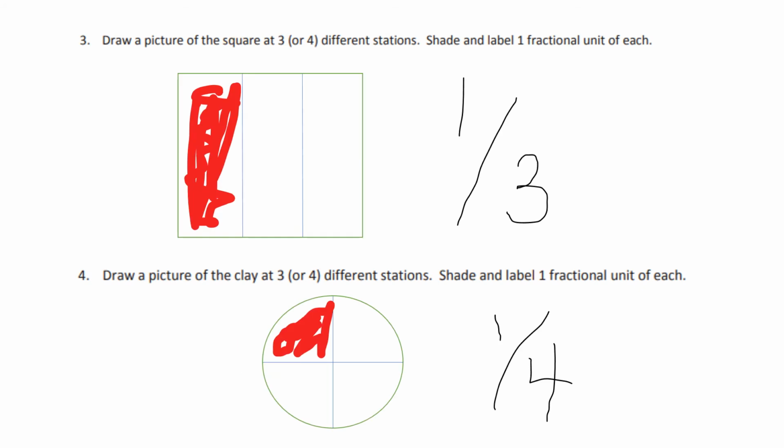So as you can see, I made a square and I cut it into 3 pieces and labeled it as 1/3 because it did say, remember, to label. And down here, I did the same thing with the circle as a 4th. I'm thinking you're probably thinking, thank you, Miss Goldman, for making the circle a 4th. It's a little bit easier than doing thirds with a circle. Now we're going to move on to the next one.